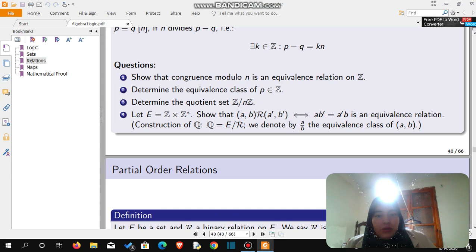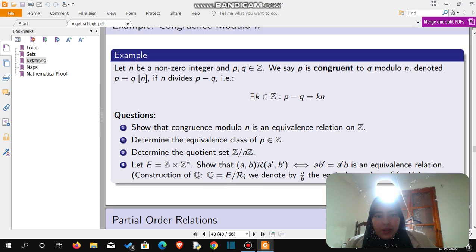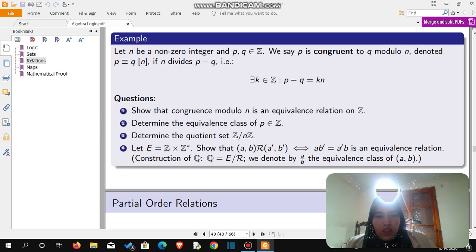Show that (a, b) R (a', b') equivalent to ab' equals a'b is an equivalence relation. So you can pause the video and try to solve this example. This is high school level.